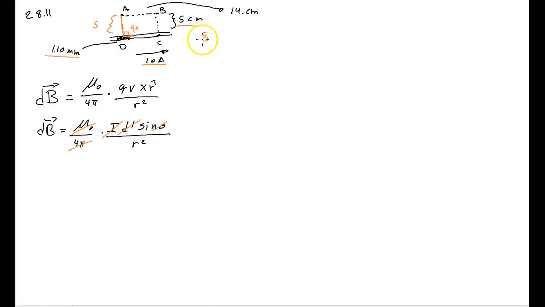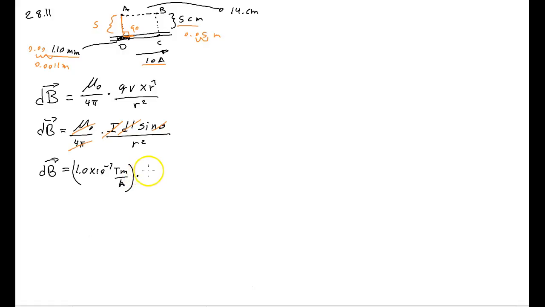So let's convert that. 5 centimeters is 0.05 meters. And over here is 0.0011 meters for the segment. So if we just plug in, dB is equal to 1.0 times 10 to the negative 7 Tesla meters per amp, and we get that when we divide mu sub naught over 4 pi.